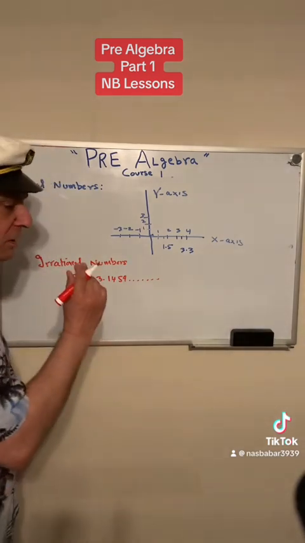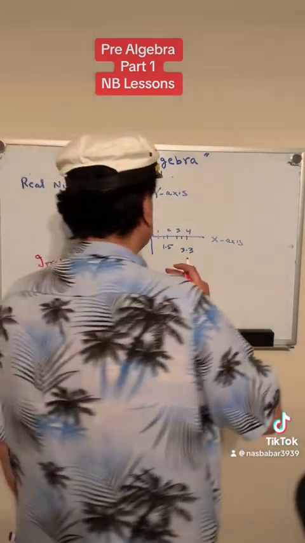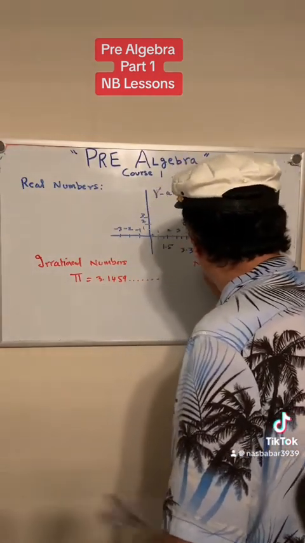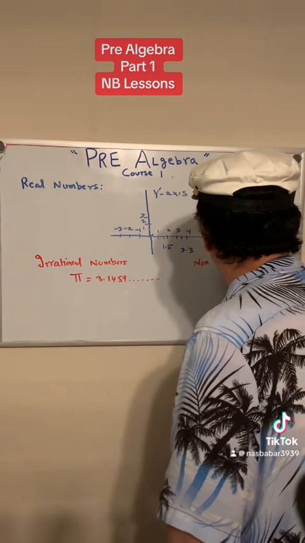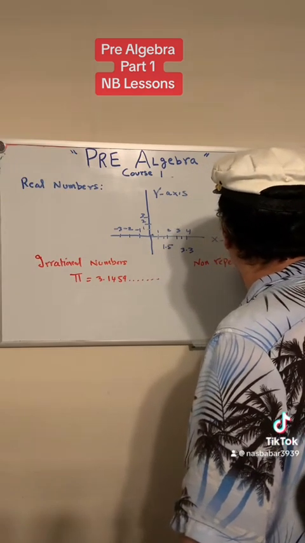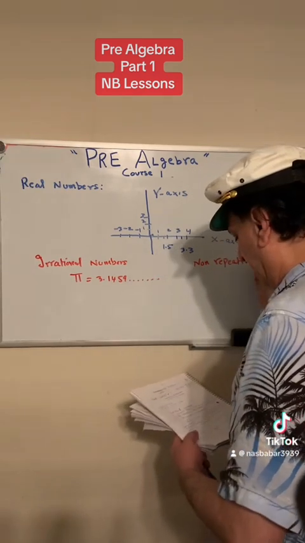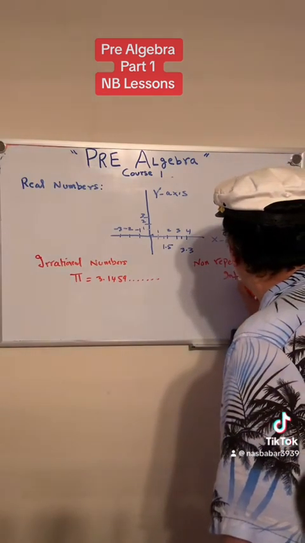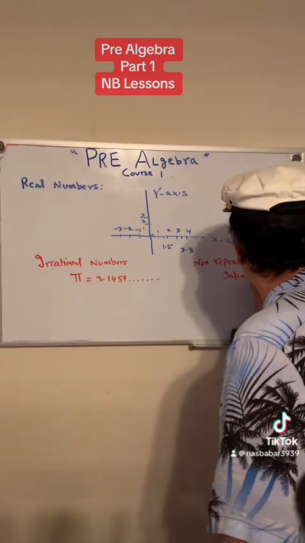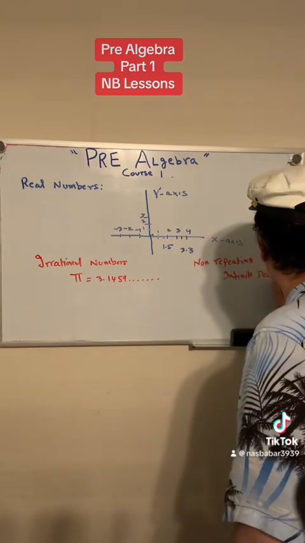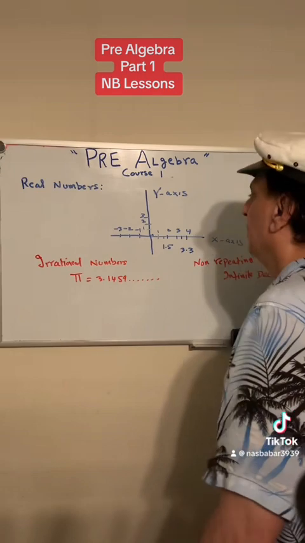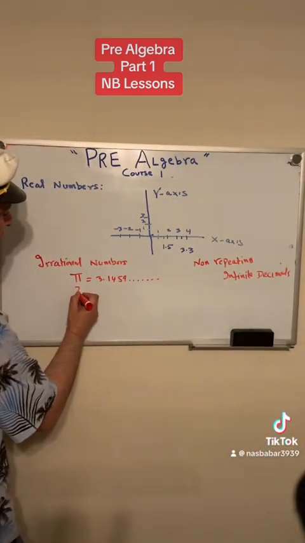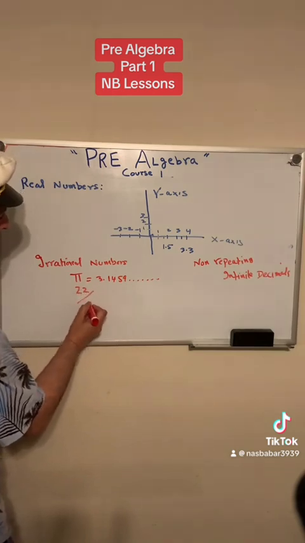One thing about irrational numbers is that they are non-repeating and have infinite decimals. Now, a lot of you know that pi, if you want to write it down in fraction form, is 22/7.